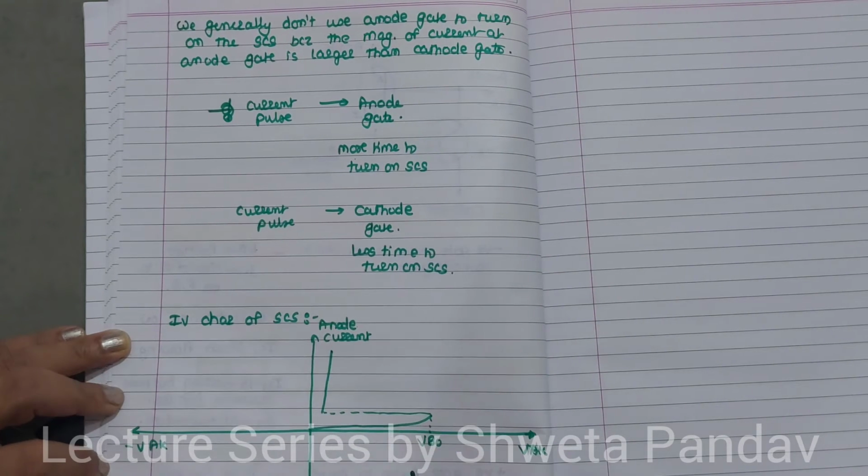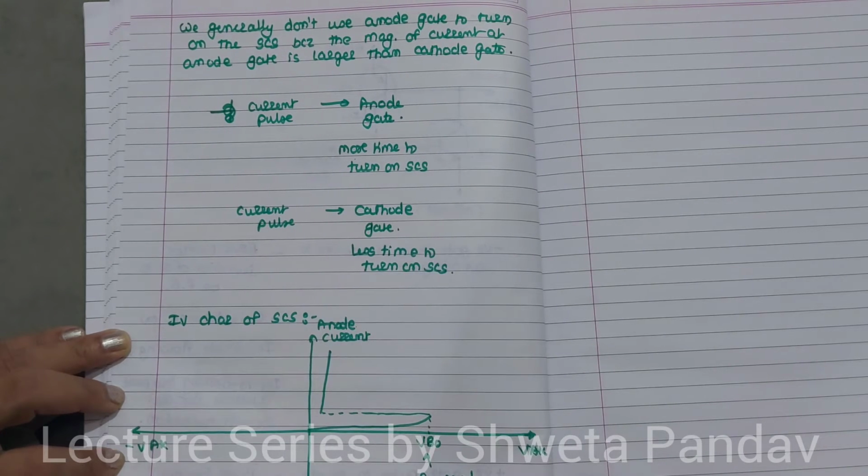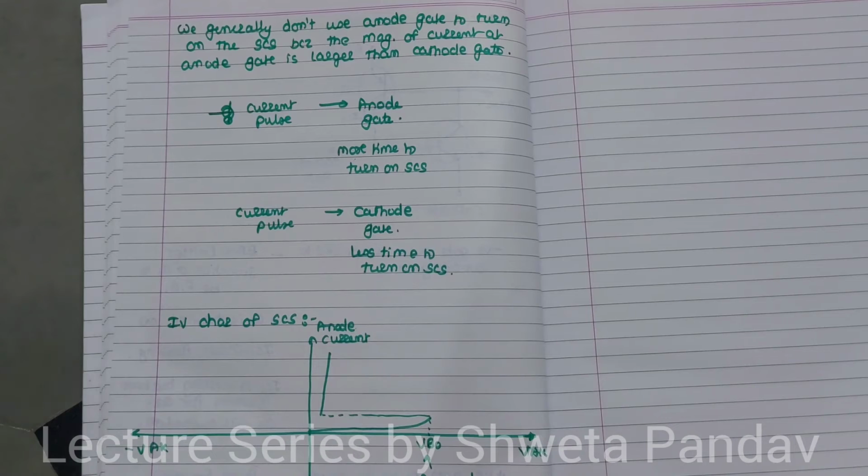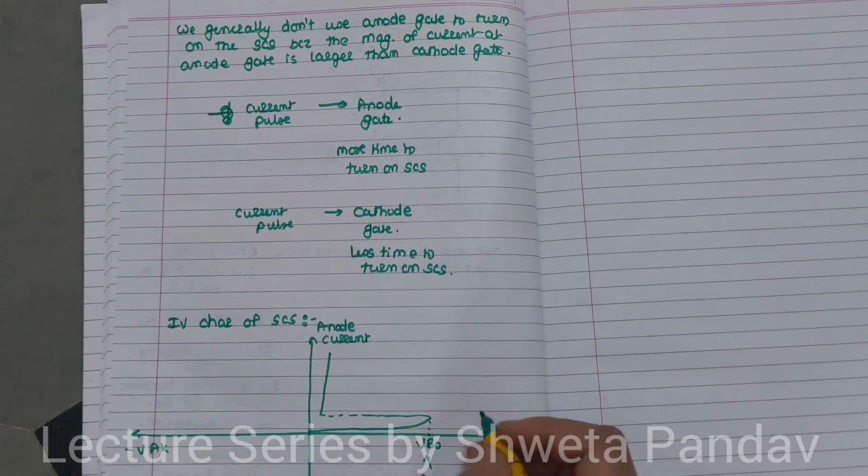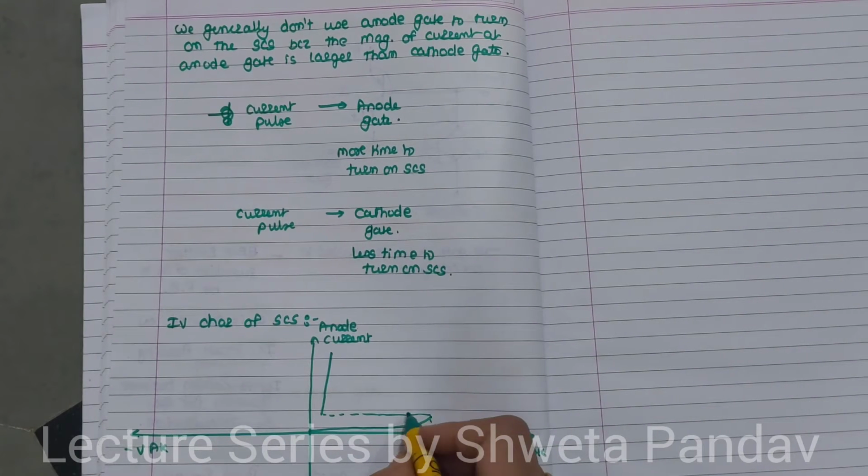This is called the forward breakover voltage. The IV characteristic of the SCS and the IV characteristic of the SCR are the same. Suppose this is for current IG1.